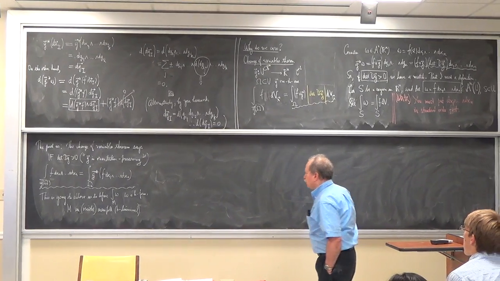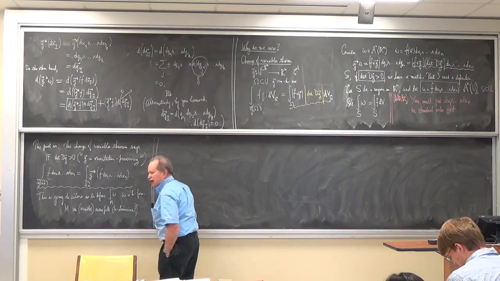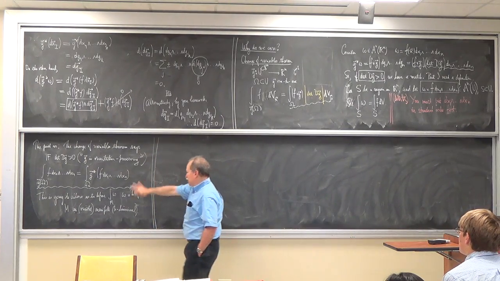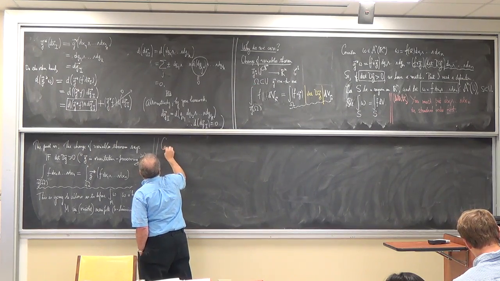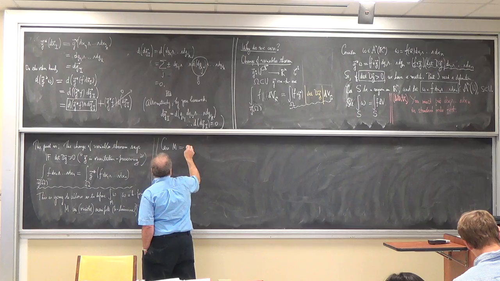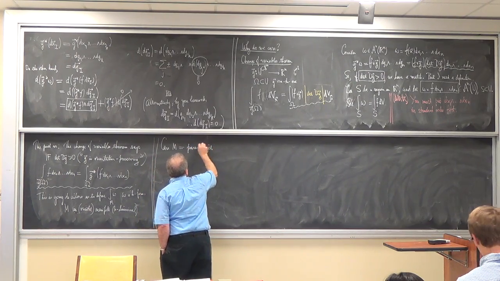So the intermediate step that's going to carry us through sections 3 and 4 before we worry about this is let's talk about the case where M is a parametrized k-dimensional manifold.